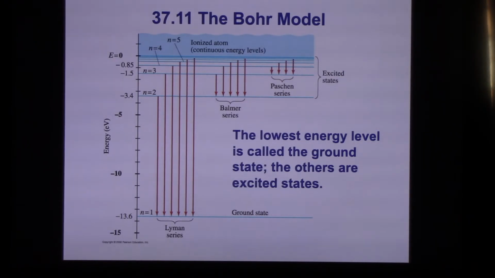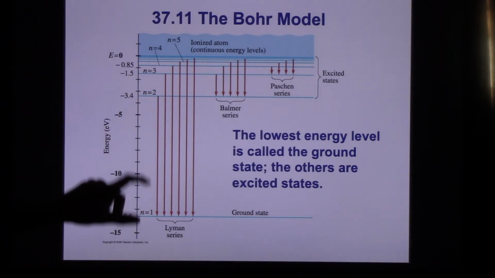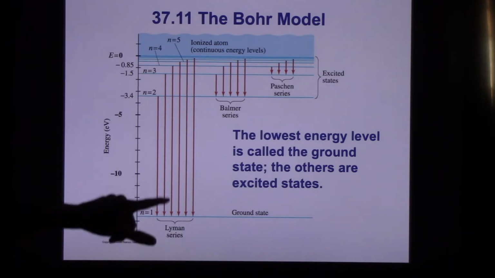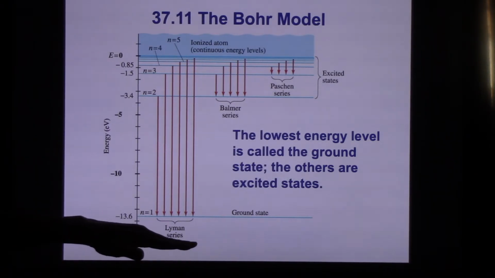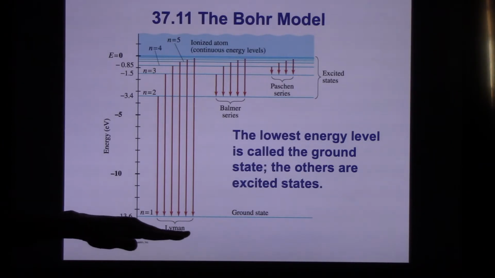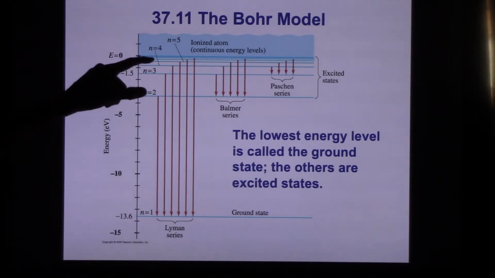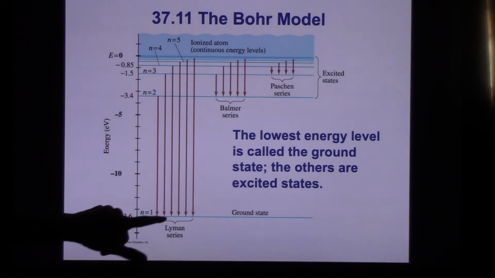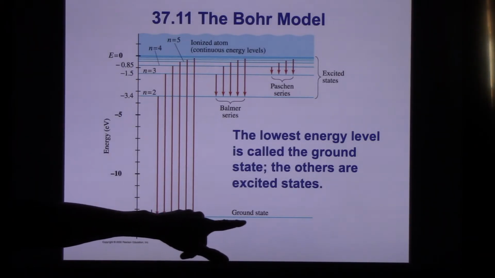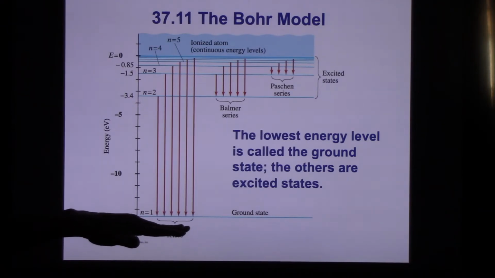What we could do then is say, all of those possible photon energies would come from all the possible transitions. The high energy Lyman series, which produced photons in the ultraviolet, are all electrons dropping into the lowest state, the ground state, number 1.